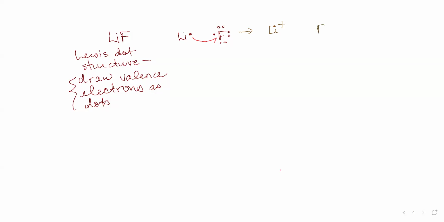And I have my fluoride, which has its own 7 valence electrons and one more that it took from lithium, so it now has a minus charge. It's the charge attraction between plus and minus that makes it neutral, and this is what we call an ionic bond.